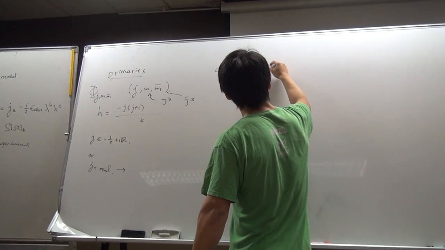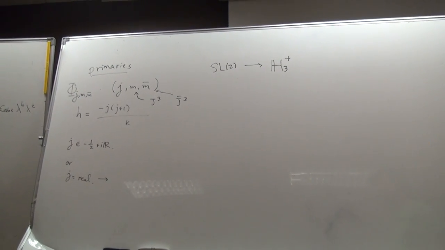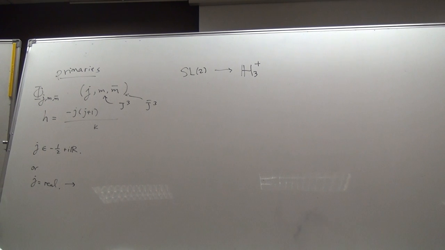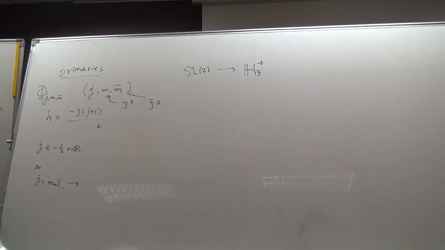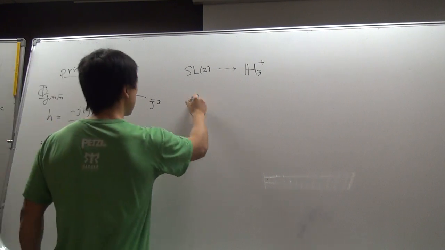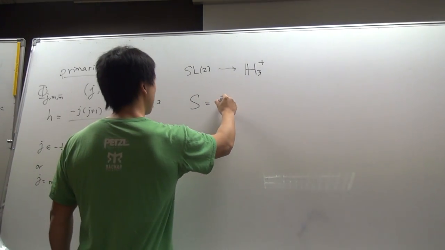So the Euclidean continuation of this SL2 WZW model is called the H3+ model. The distinction is a bit subtle. At a practical level, it's a question of what operators you want to include in your spectrum. But in any case, here we can write down the action of this WZW model in the following form.